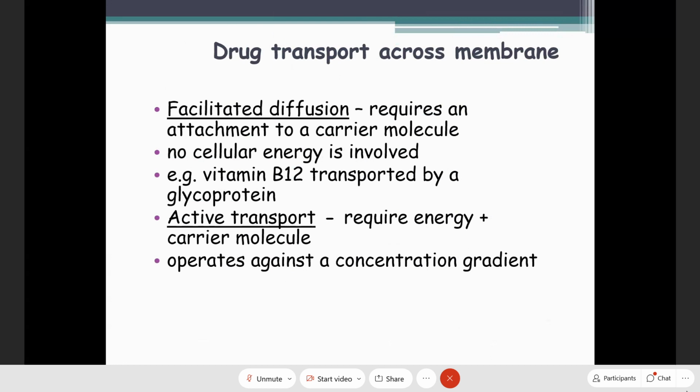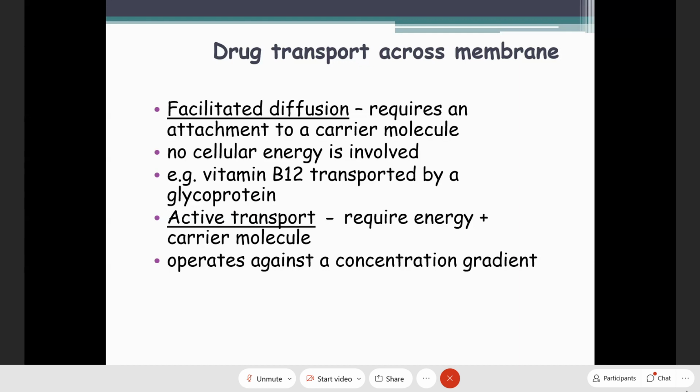So that was on passive diffusion. Please remember, most of the drugs go across through passive diffusion. The other methods of drug transportation across membranes are, number two, facilitated diffusion.